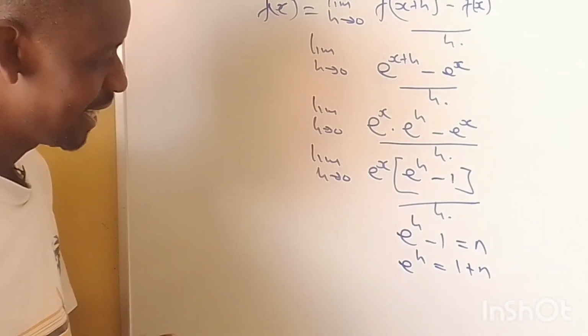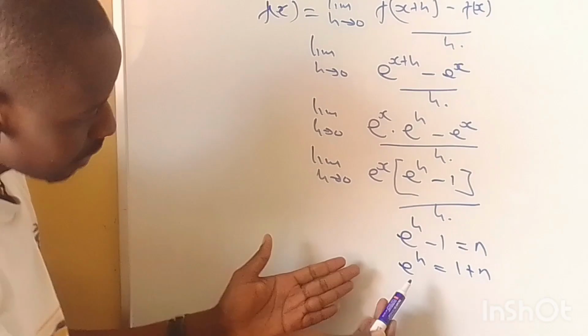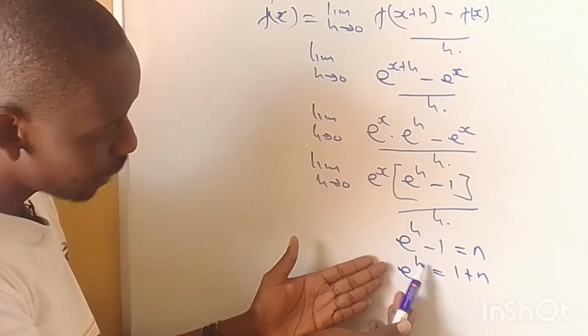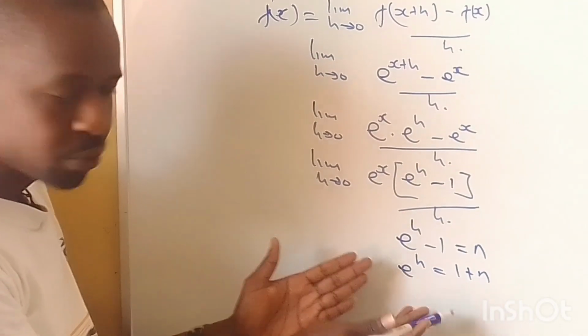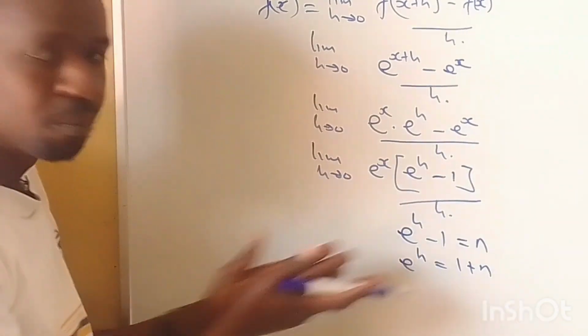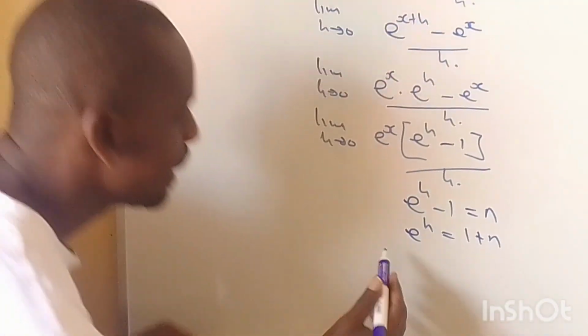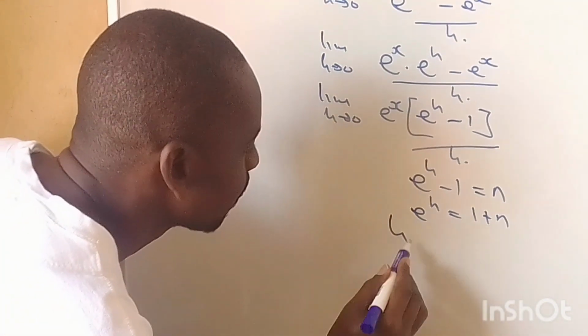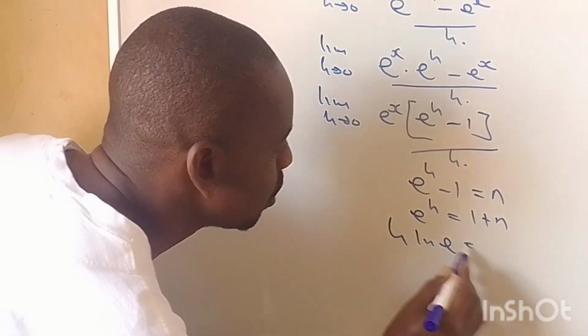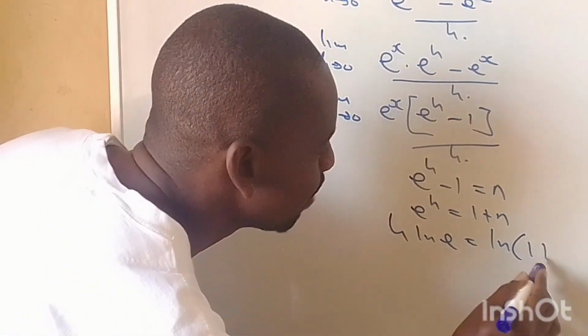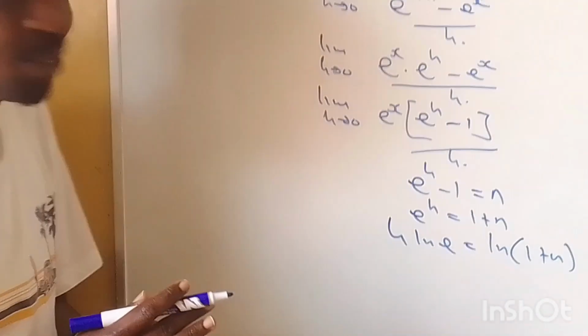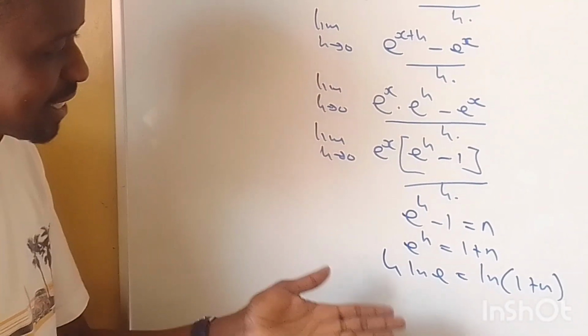You see? Then I have an exponent here, e raised to h. I want to take the ln of both sides. So I'll say that h ln of e is equal to ln of 1 plus n. You see me now? Yes, something is coming.